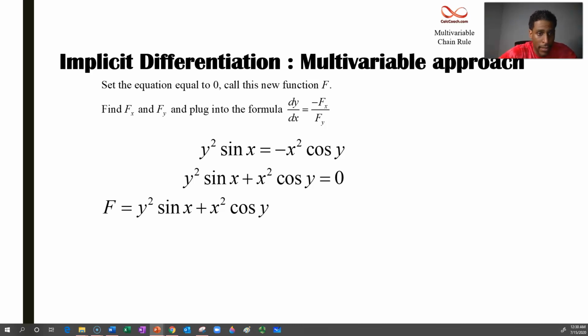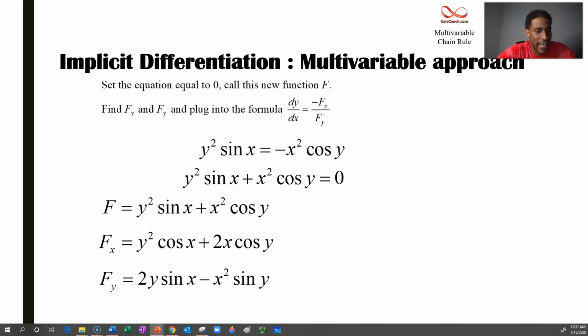That's it. So what is the x partial of this guy? y squared is a constant, so the x partial starts off as y squared cosine x. And then the second term will be 2x cosine y. That's the x partial. What about the y partial? Sine x is constant, so the derivative of f with respect to y, its first term is 2y sine x, and then minus x squared cosine y.